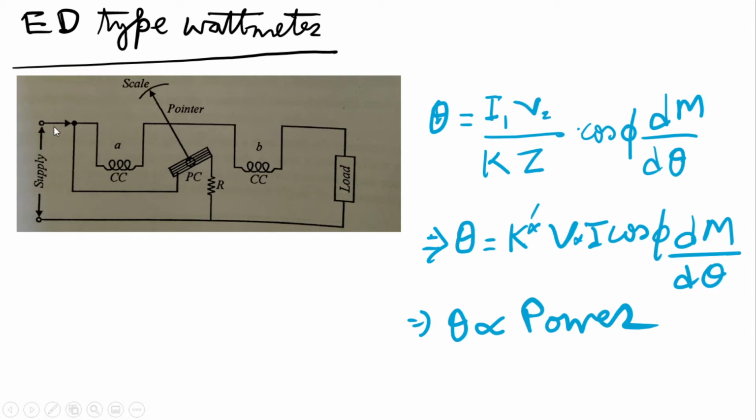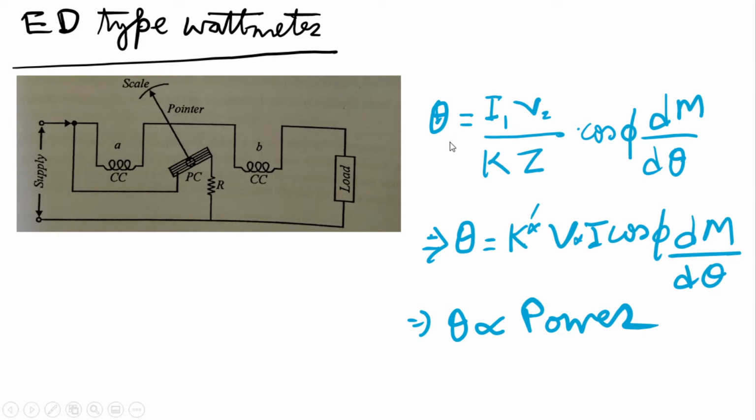So in series with the supply will be the fixed coil, which is known as the current coil, and in parallel with the supply will be the moving coil, which in this case is known as the PC or pressure coil or voltage coil. So basically this one takes care of current and this one takes care of voltage.